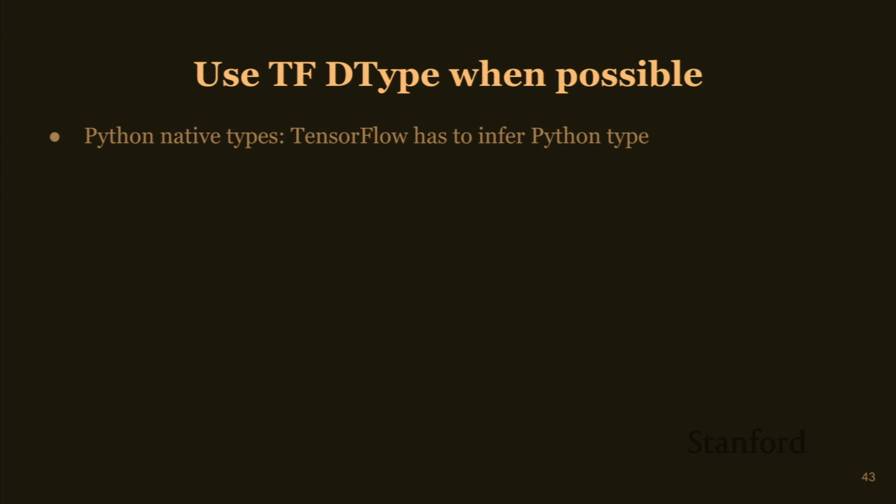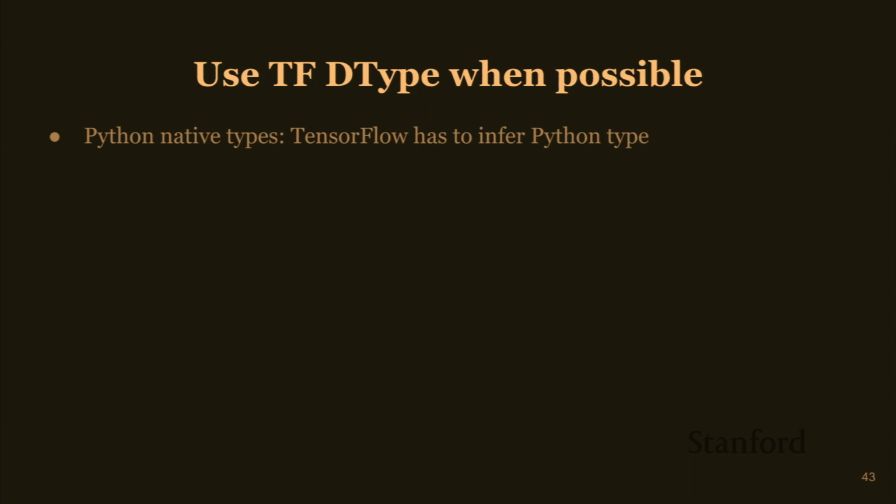Even though TensorFlow can integrate with NumPy and sometimes with Python native types, for example, it can take in strings, integers and floats, always use TensorFlow types when you can. The types in Python are very dynamic. For example, when TensorFlow gets a float, it doesn't know whether it's 32 or 64, so TensorFlow has to infer that, and sometimes it can cause trouble.